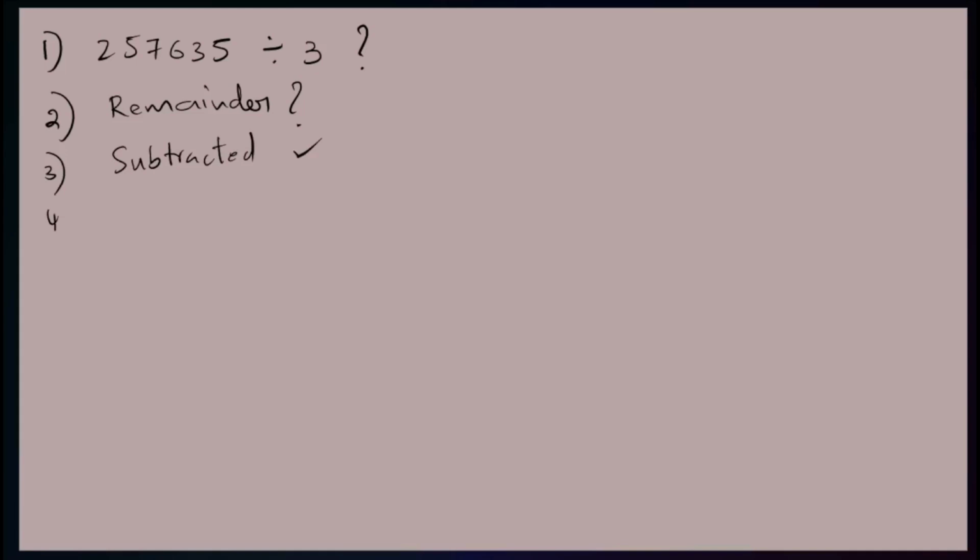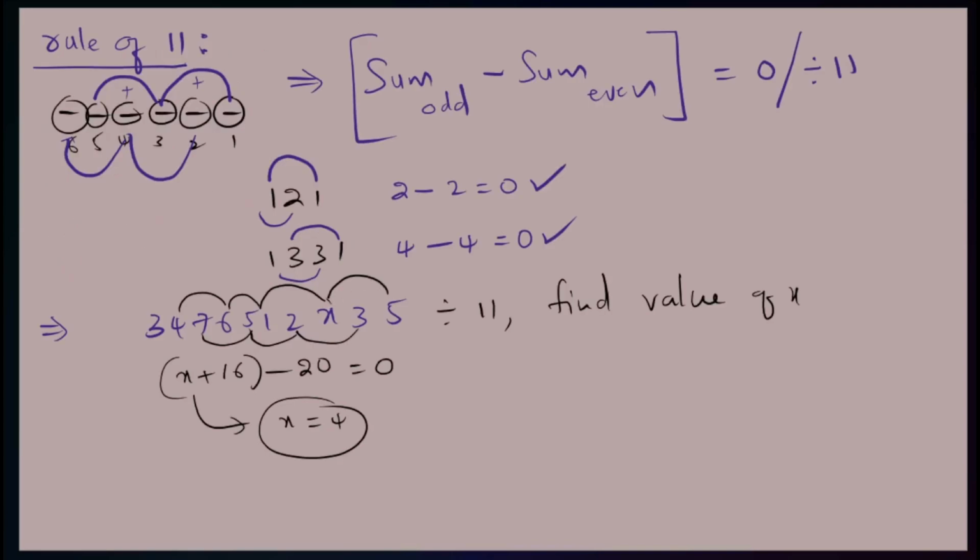And the fourth type of question is, what should be added to it so that this number is divisible by 3. And the last one is, find the missing digit when it is divisible by 3, just like in the previous question we already did, right? We found the missing digit x. So this is one type of question they ask.